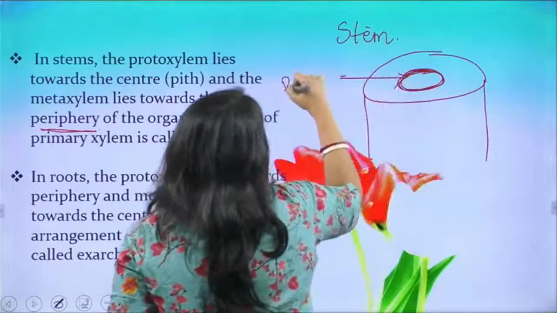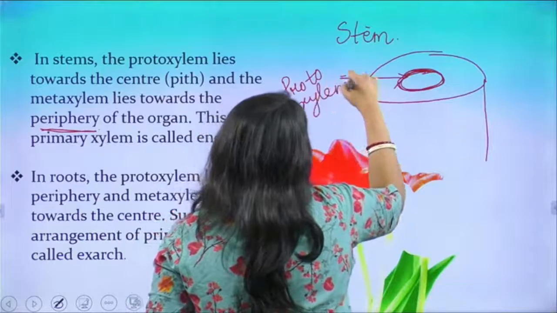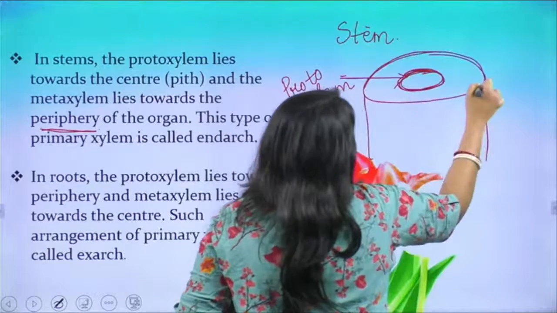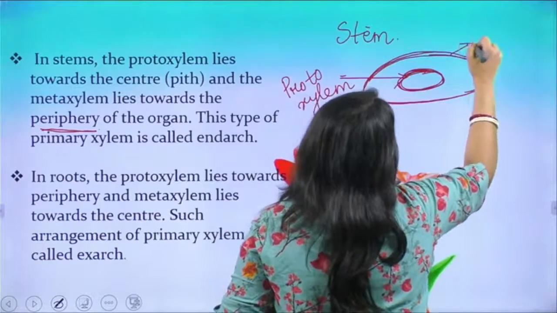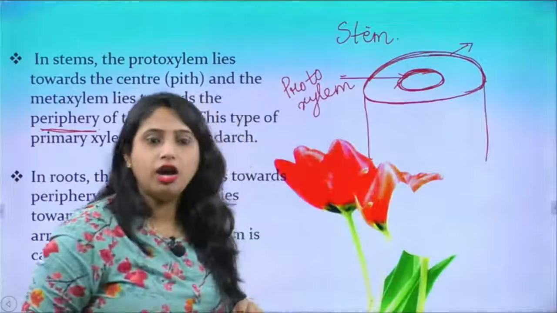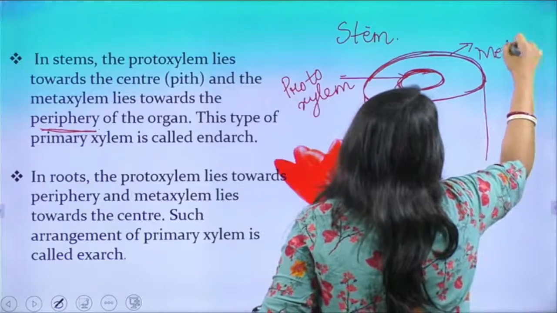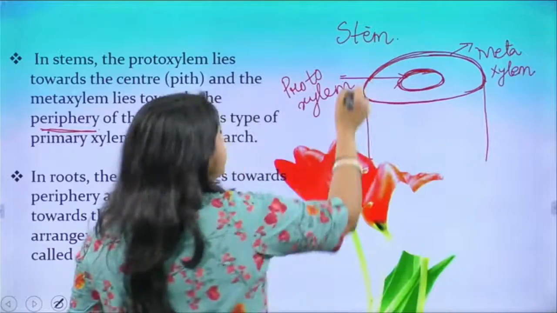So this is your protoxylem, and the corner towards the end, that is your periphery, is where your metaxylem lies. So metaxylem lies towards the periphery in case of the stem.